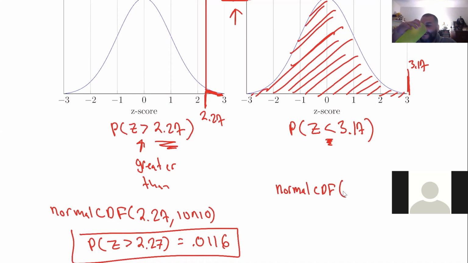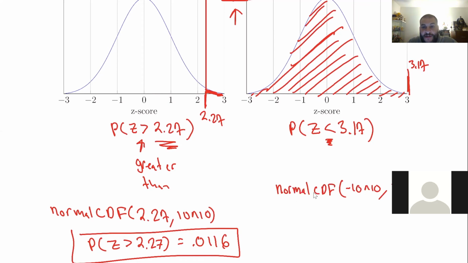Oh yeah, negative infinity, which is negative 10 to the 10 power. What's the highest value that I shaded in red? Yeah, 3.17, good job.